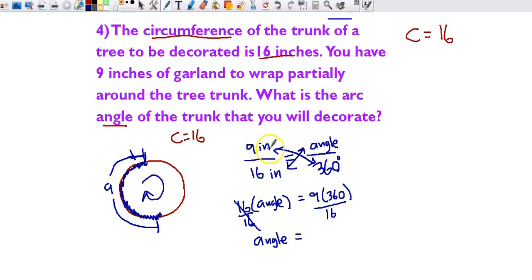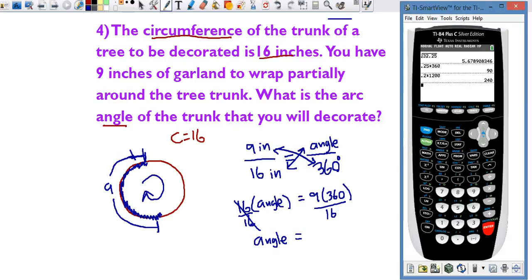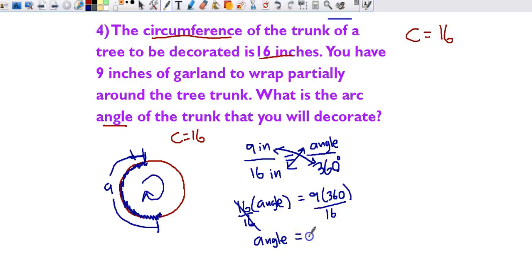So if I do 9 times 360 divided by that 16, it should give something in a degree that we can use. So that says 202.5. All right.